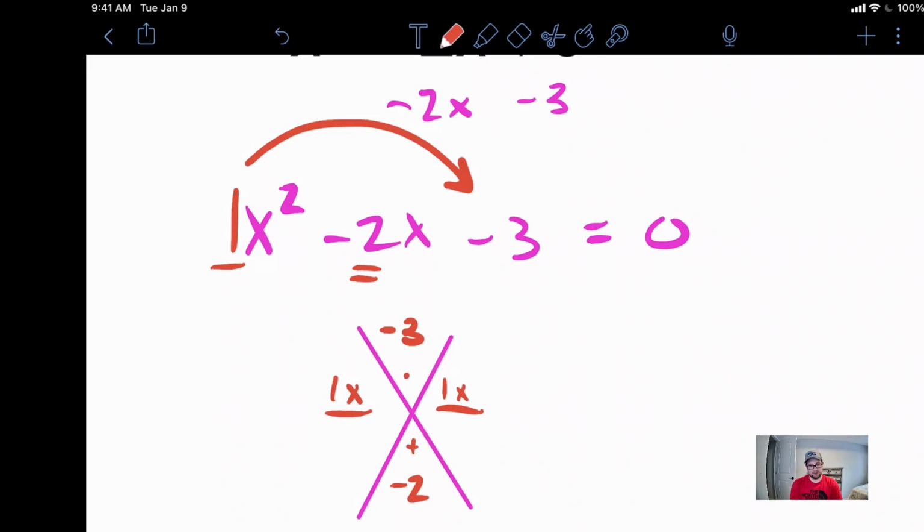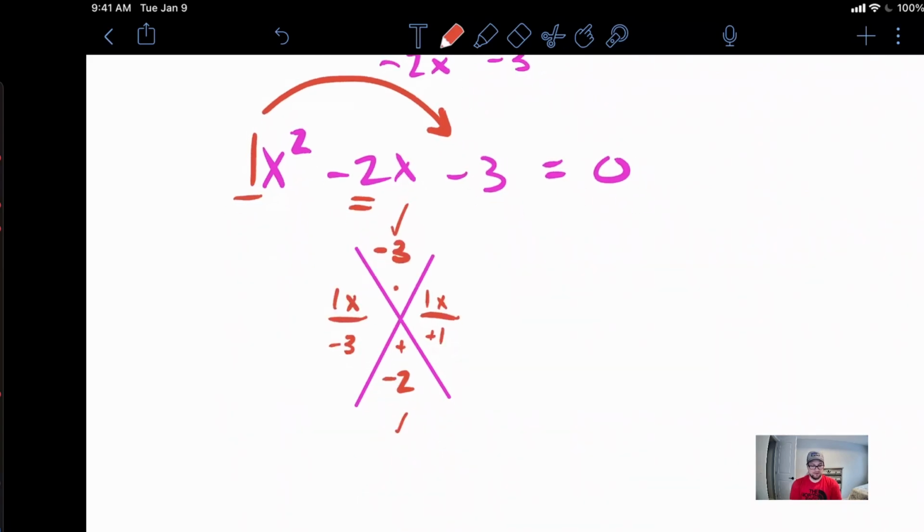Let's think about this. Two numbers that multiply to be negative 3. So how about a negative 3 and a positive 1? I think that would work for this and also for this. So it looks like we're good. So at that point, remember our factors will be 1x is the same as x, so x minus 3. And then x plus 1.